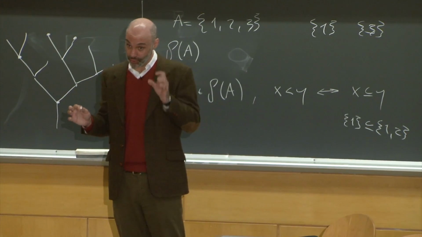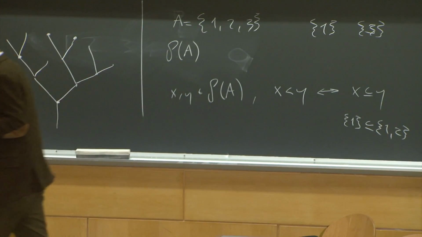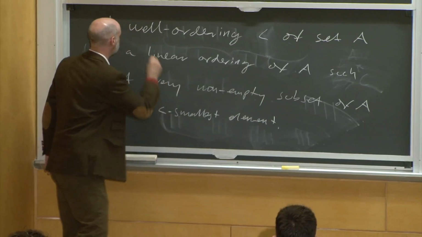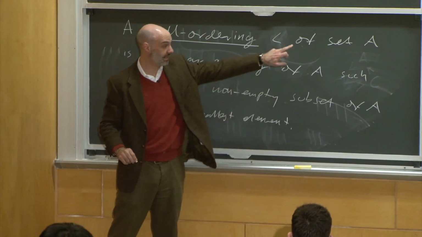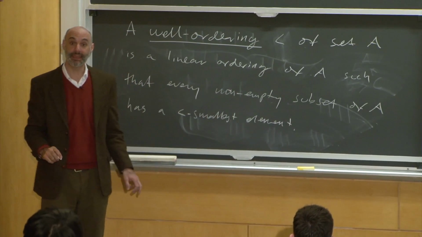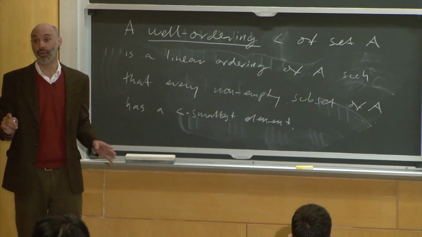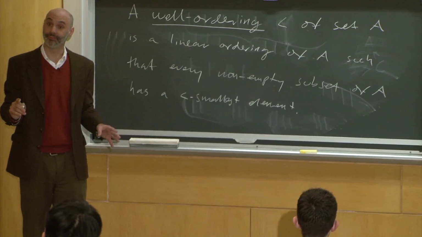A well ordering, and here I'm going to write down the definition. A well ordering less than of a given set A is going to be a linear ordering with a certain additional property.